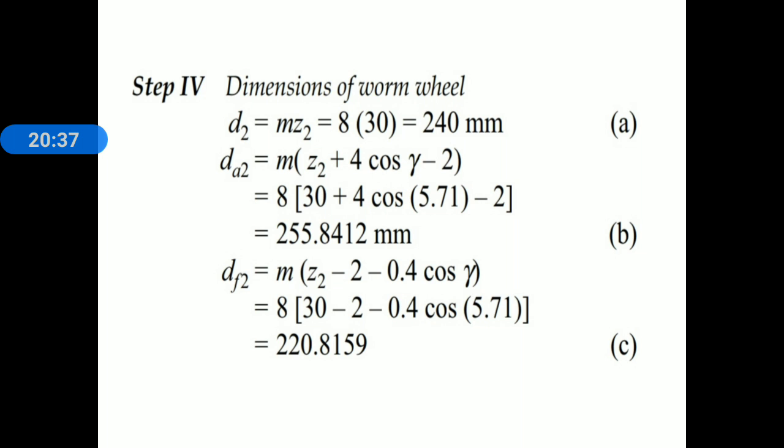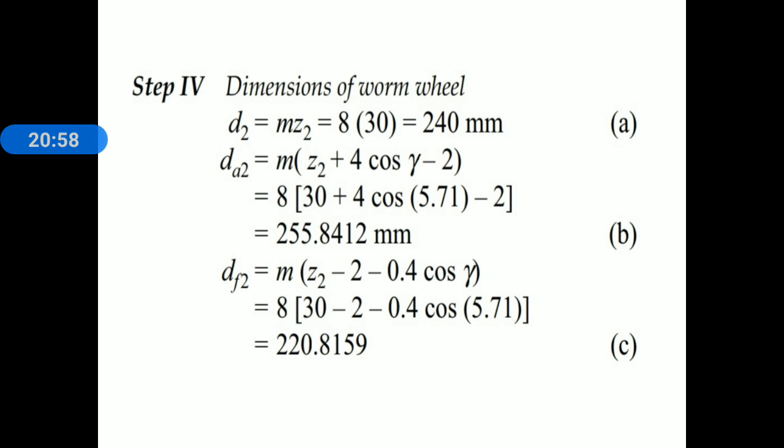Consider equation A. Next, throat diameter of worm wheel. Throat diameter is denoted by letter DA2, and we know the relation for throat diameter of worm wheel: DA2 is equal to m into (Z2 plus 4 cos gamma minus 2).